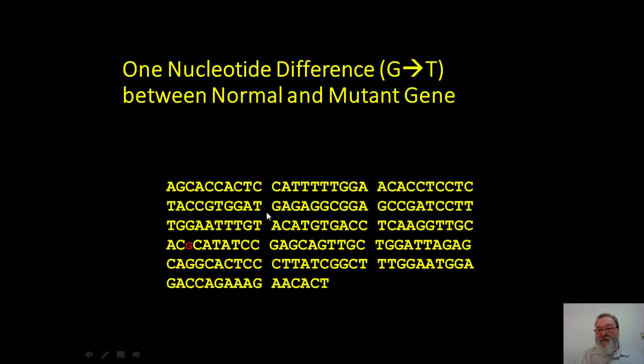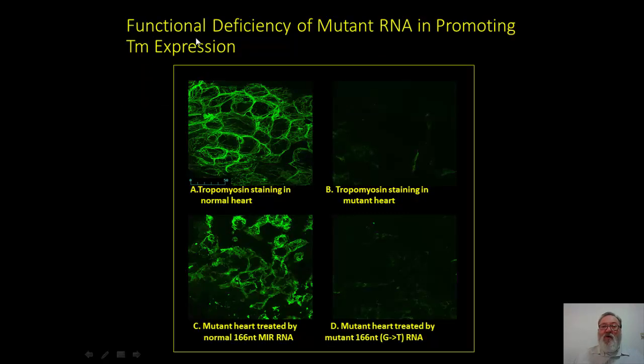the rescue experiments. And so let's look at the functional deficiency and prove that indeed the mutant RNA is not capable of rescuing the mutant hearts. Here's tropomyosin staining in a normal heart, which is what you would expect. Tropomyosin staining in a mutant heart, very little staining.